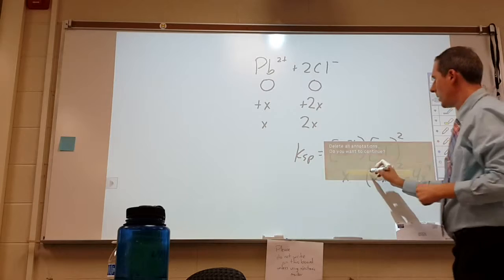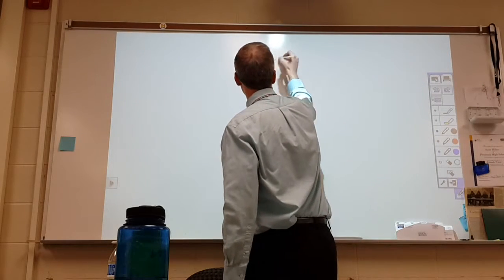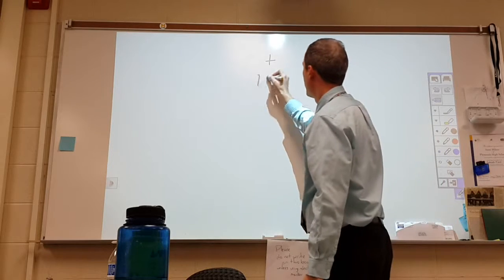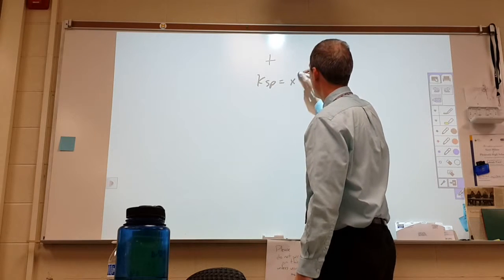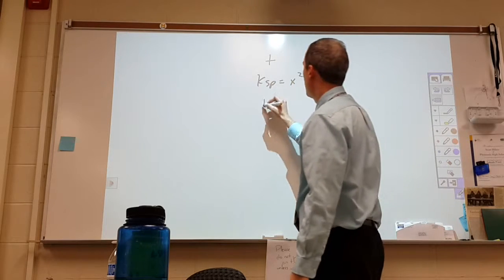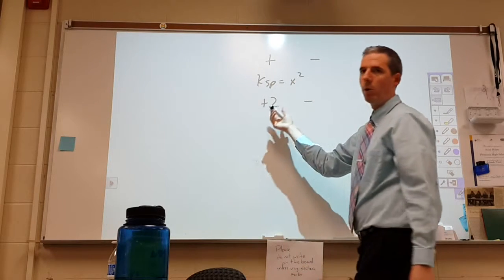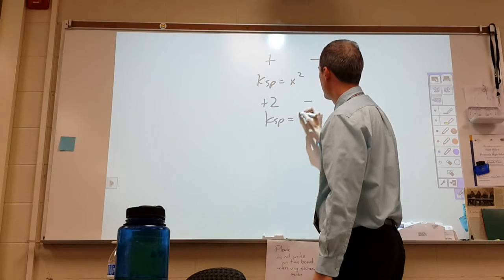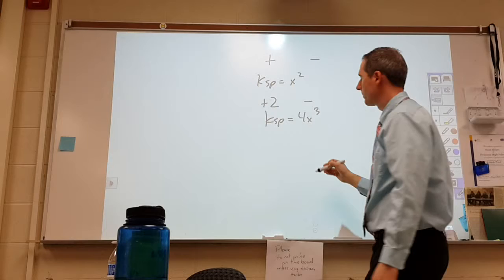So here's the deal. Here are all the salts you could have. If you have a +1 and a -1 charged salt, you're going to end up with KSP equal to x squared to get the molar solubility. If you have a +2 and a -1, or a -2 and a +1, you're going to end up with KSP equal to 4x cubed.